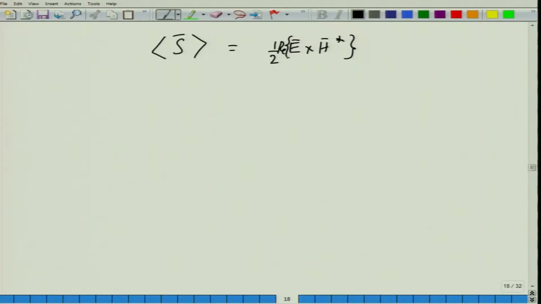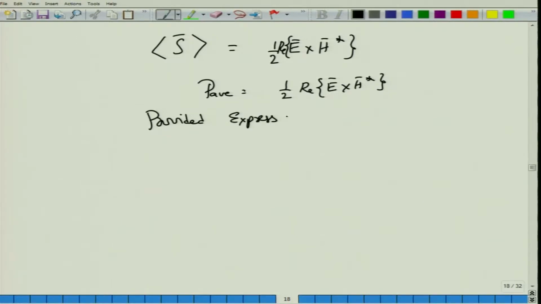So what you actually have is that the time averaged power is given by half of the real part of E cross H complex conjugate, provided you express electric field and magnetic field by their appropriate phasors.